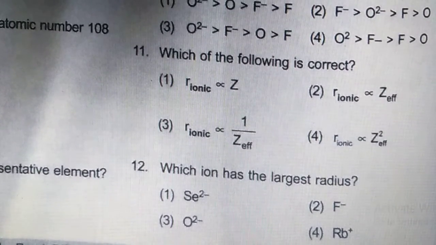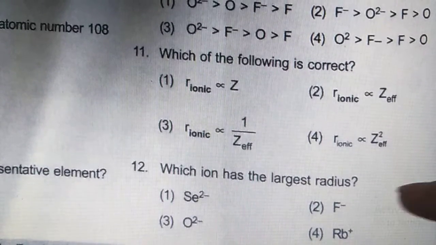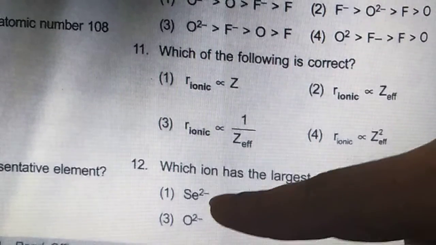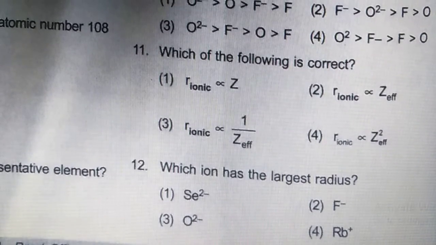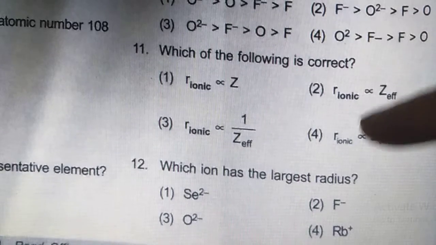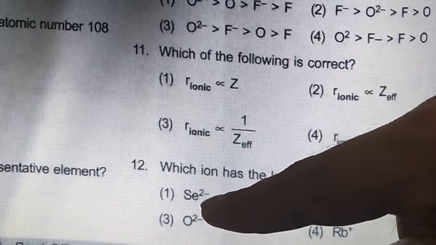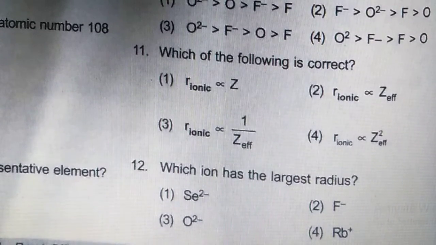Now fluorine has one charge, it is also excluded because the more the charge, the larger the radii. Now selenium and oxygen belong to the same group. Oxygen, sulfur, selenium. When you move down the group, ionic radii increases. So selenium will be high. So the correct option will be option number 1, student.